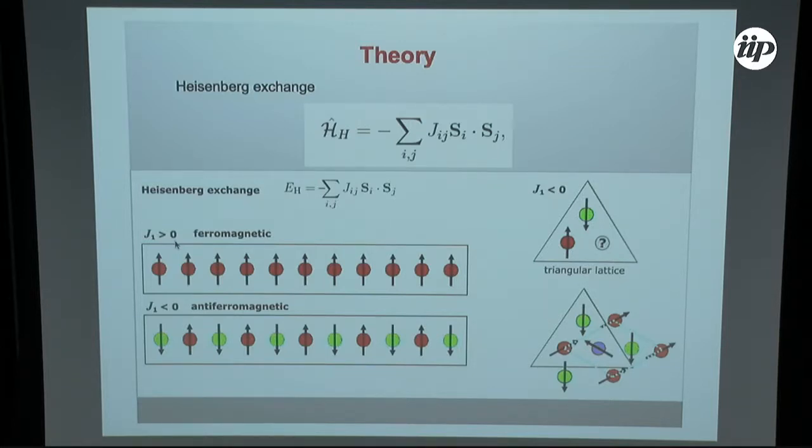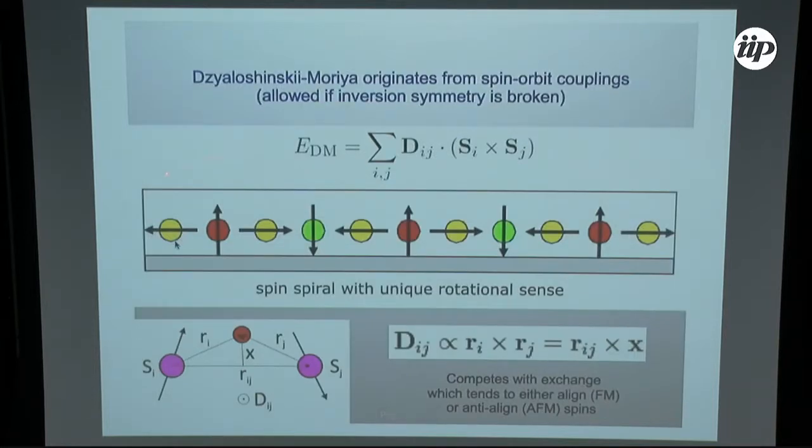So what happens if you add the Dzyaloshinskii-Moriya term? Let me say a few words about this term, which was unknown to me until I started looking at these materials.